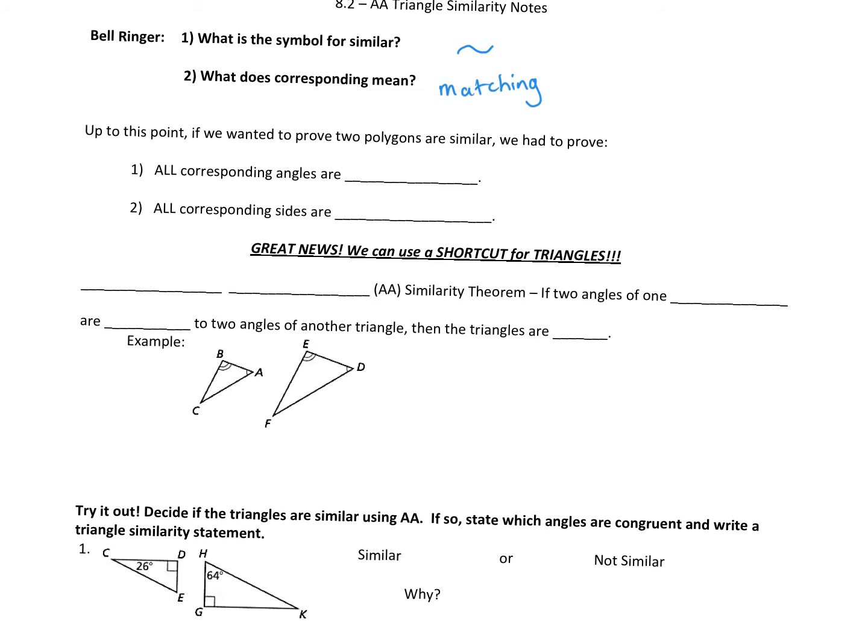Up to this point, if we wanted to prove two polygons are similar, we had to prove that all of the angles were congruent and all of the corresponding sides are proportional, meaning they have the same ratios.